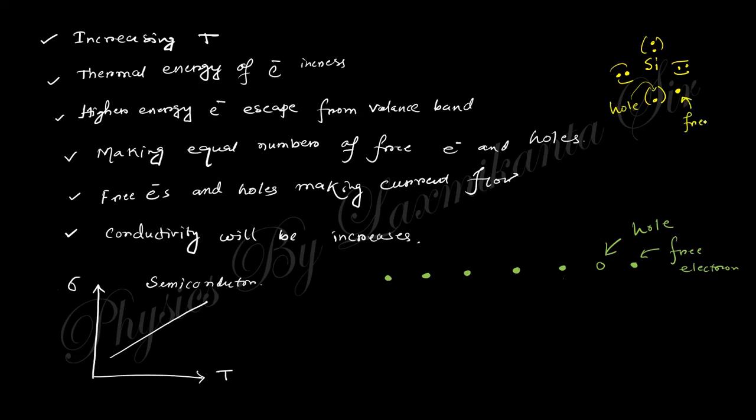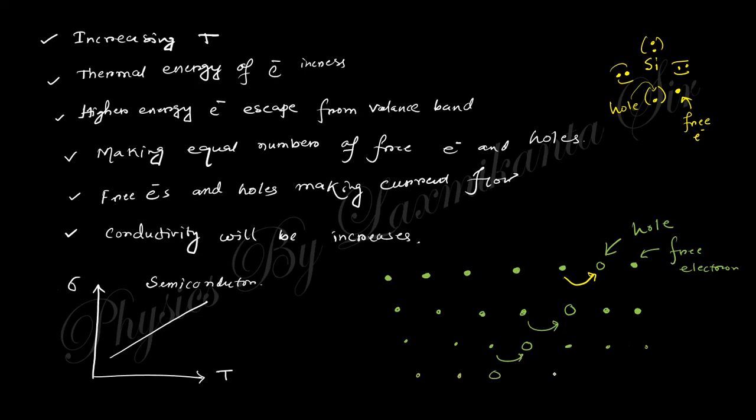So when this electron comes here, what image will be obtained? The hole becomes here, and the electrons here. Next case, these become here. So hole here, electrons here, and so on.